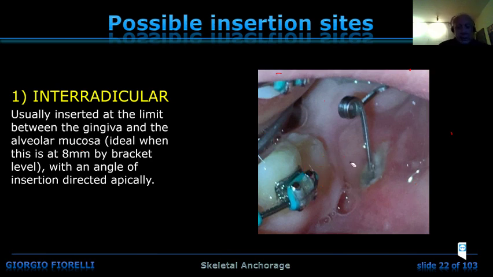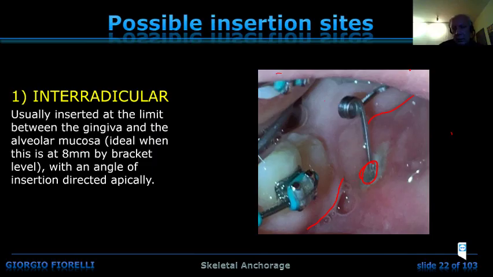As I said, one of the limits is the gingiva. I mean, in this patient, we really didn't have attached gingiva here. So this is the limit. And if you place a TAD here, you will have a lot of problems.